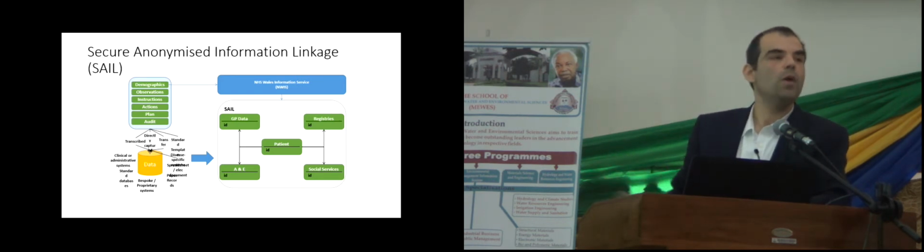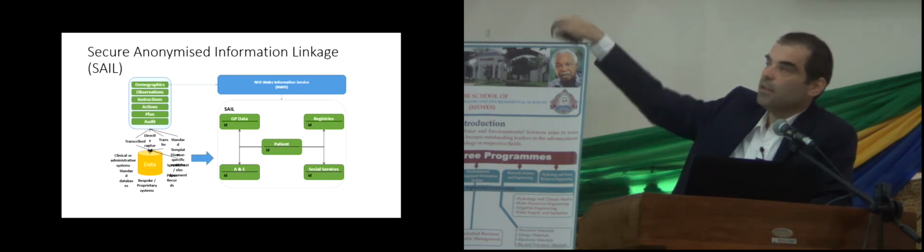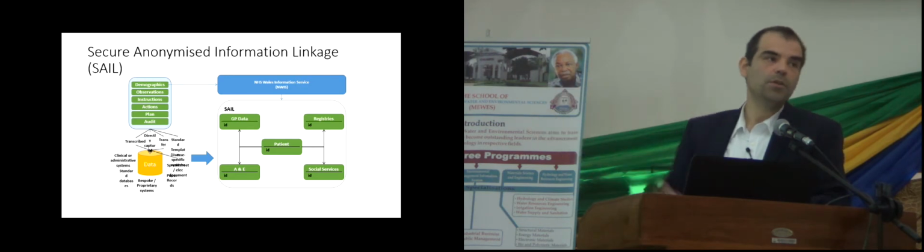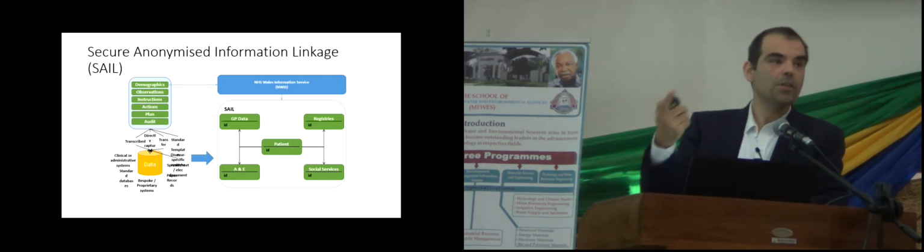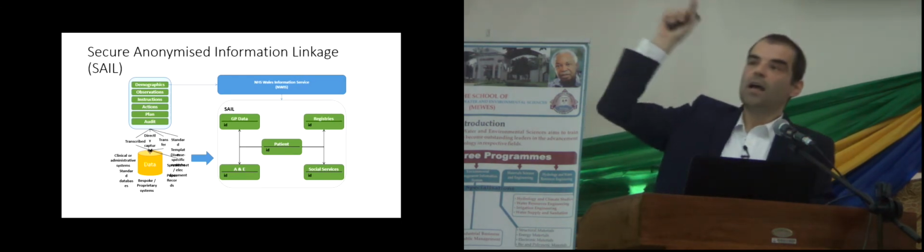Again, and then what? Well, then when you have all of these things brought together in one unified data source, you make them available to researchers as one unified source. Researchers don't have to go around and say, okay, what do I want to do?